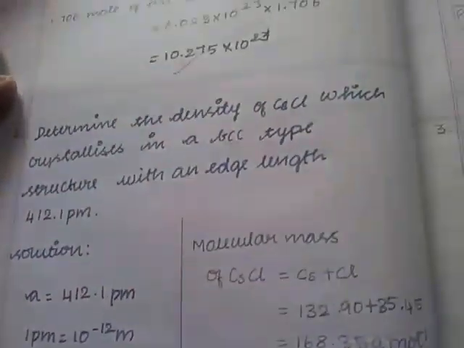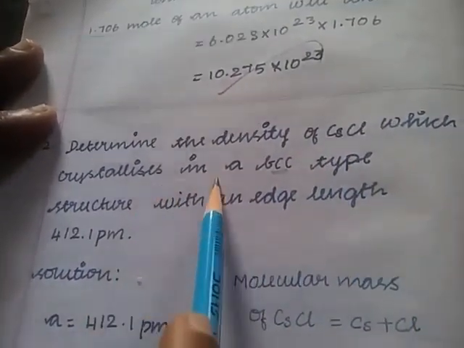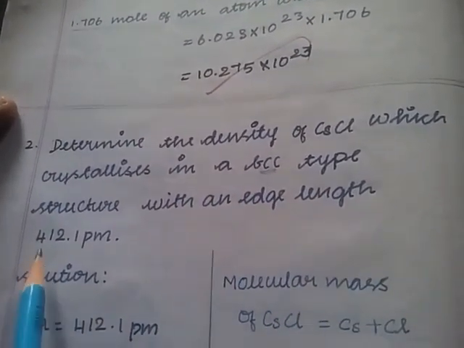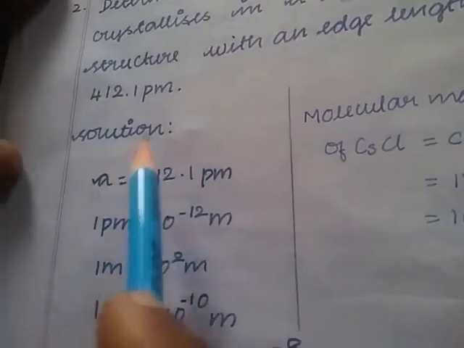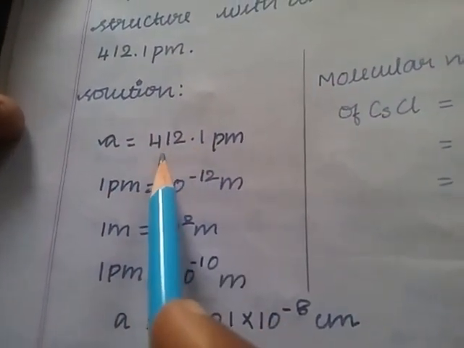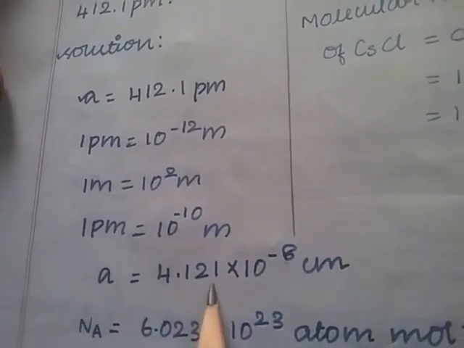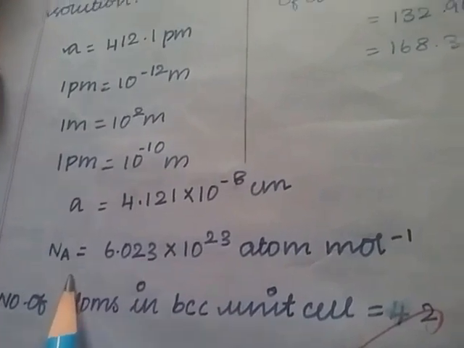So here, according to this first sum, the answer is 10.275 into 10 power 23. Now let us see the next sum. Determine the density of cesium chloride which crystallizes in a BCC type structure with an edge length of 412.1 picometer. Now the edge length a is given as 412.1 picometer, and a equals 4.121 into 10 power minus 8 centimeter. The Avogadro number we know.